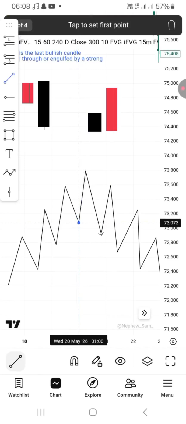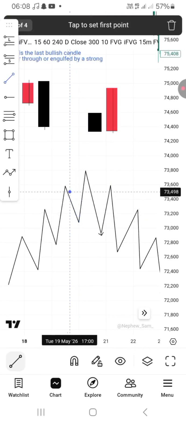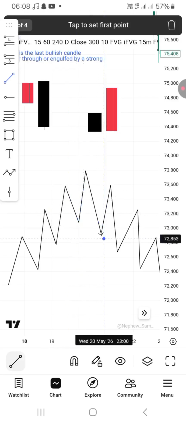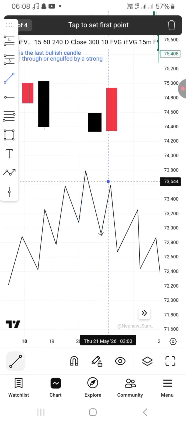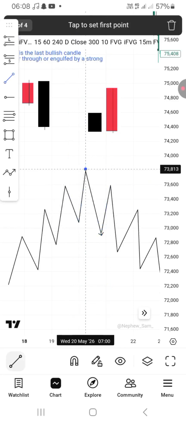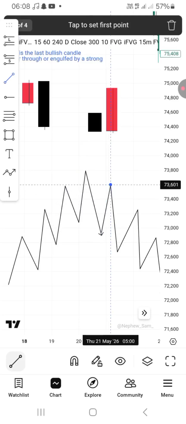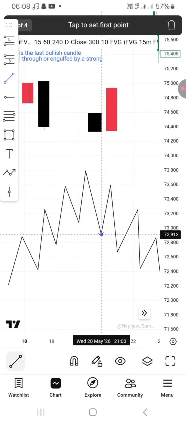Price has changed its character from a higher high, higher low, and price is now giving us a lower low. So we don't want to see this guy take out this high. I want to see this guy respect this high, because this high now has become a strong high, and this is a weak low that should be taken by this same strong high.